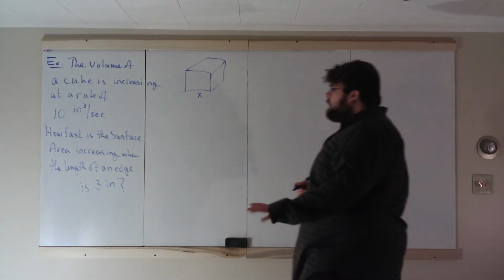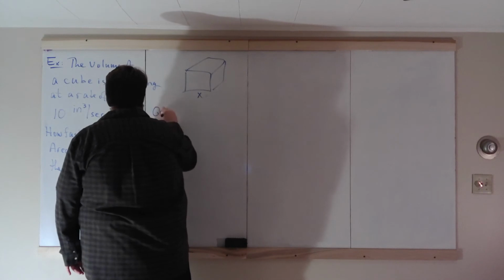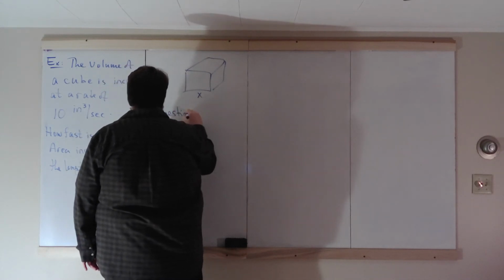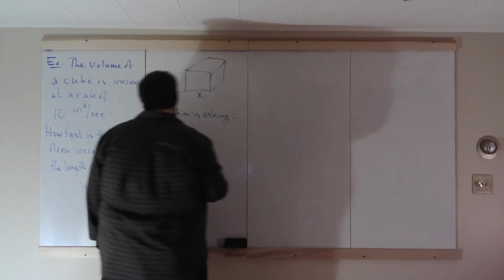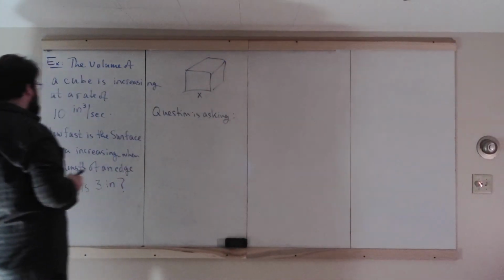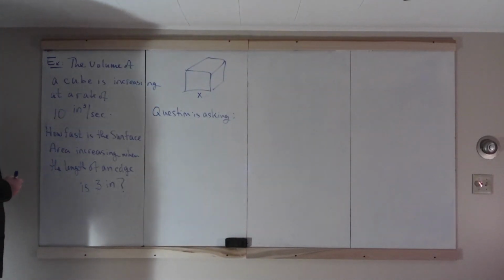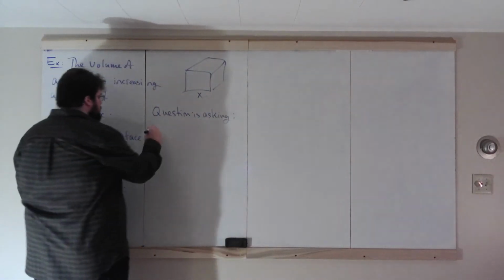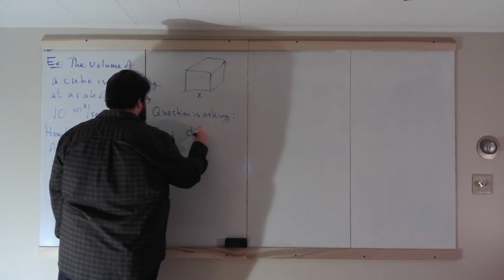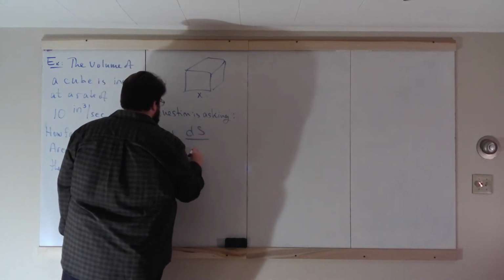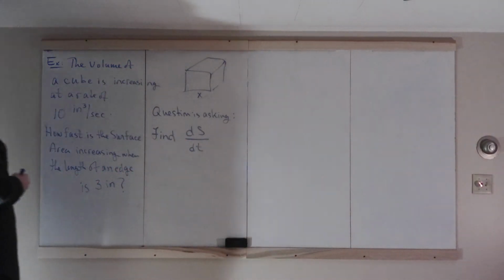And before writing equations, in this translation of the question, we're going to introduce some variables. How fast is the surface area increasing? Well, okay. I'm going to call surface area capital S. Find dS/dt.